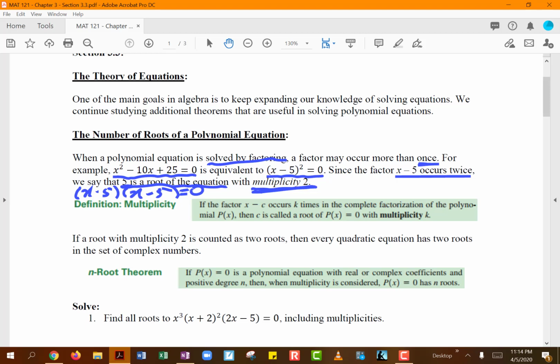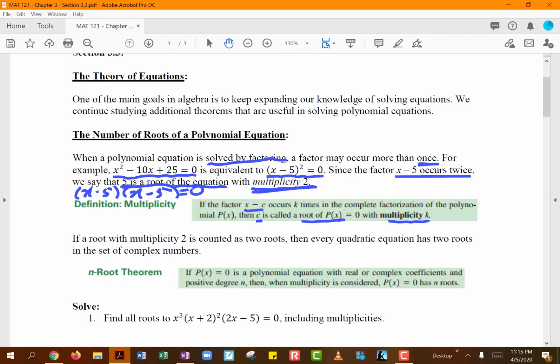Your definition for multiplicity: if factor x minus c occurs k times, so k is how many times it occurs, is it 2 times, 3 times, more than that, in the complete factorization of the polynomial function p of x, then we say c is a root of that polynomial which has a multiplicity of k.